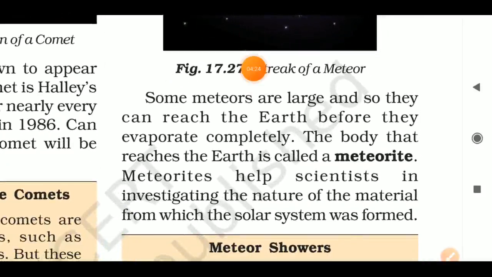Some meteors are large, so they can reach the Earth before they evaporate completely. There are other large meteors that can reach the Earth's surface also. The body that reaches the Earth is called a meteorite.